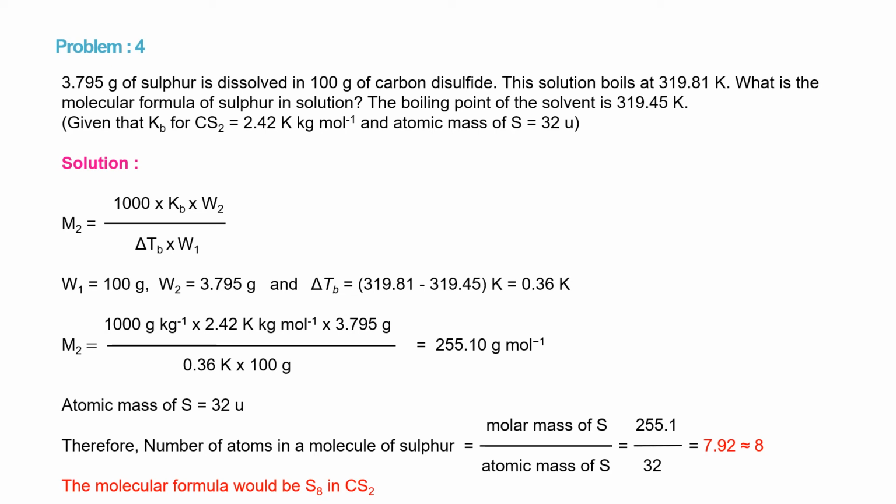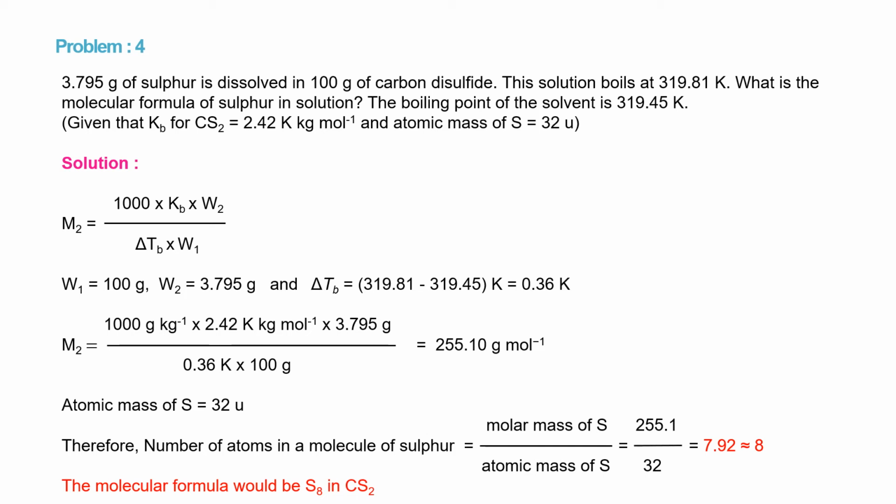Now one thing to always remember: elevation in boiling point means your pure solvent has a boiling point lower than that, and you add solute to it. If you take water, the boiling point of water is 100 degrees Celsius. But if you add some solute to that, its boiling point increases.